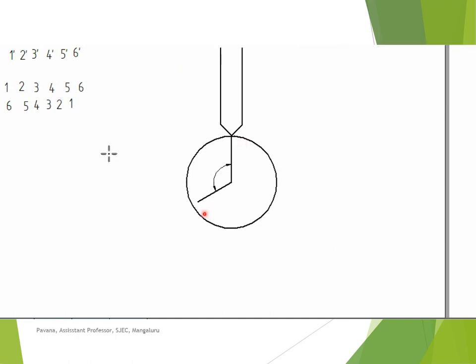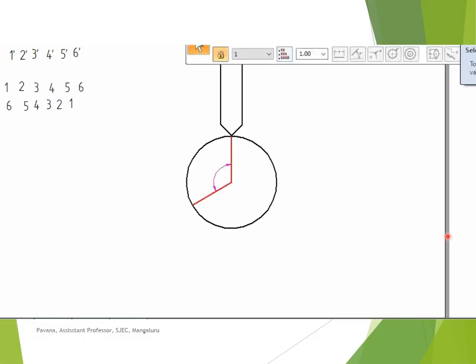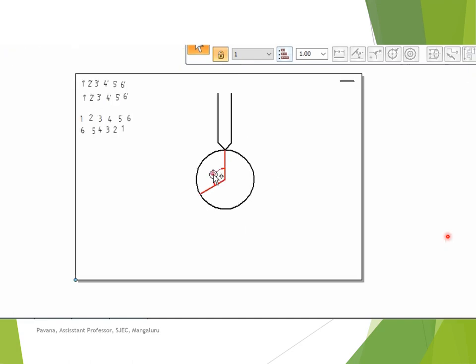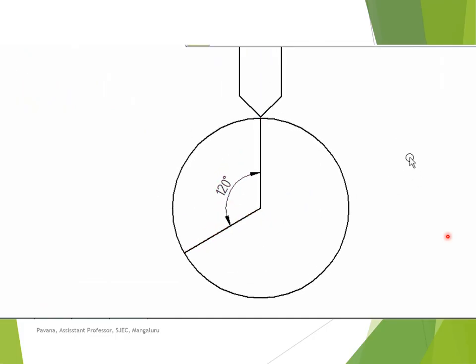So first part 120 degree, second is 60 degree, it is a dwell, so mark that 60 degree here. Now the 60 degree will be this line with respect to this line, from here 60 degree, not from the starting point. So first one 120 degree. See here, this is how it looks.